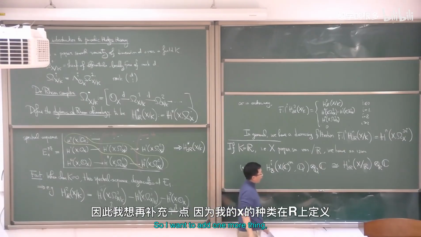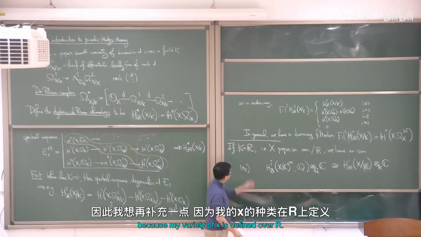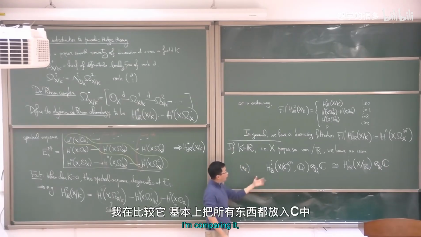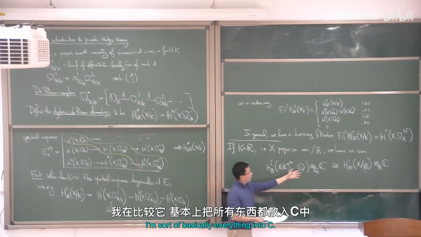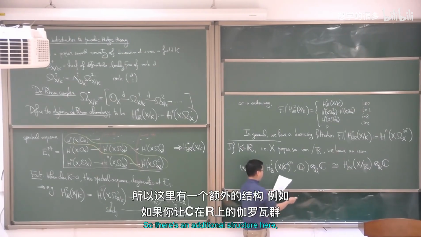So I want to add one more thing. Because my variety X is defined over R, and I'm base changing everything to C, there's additional structure here.